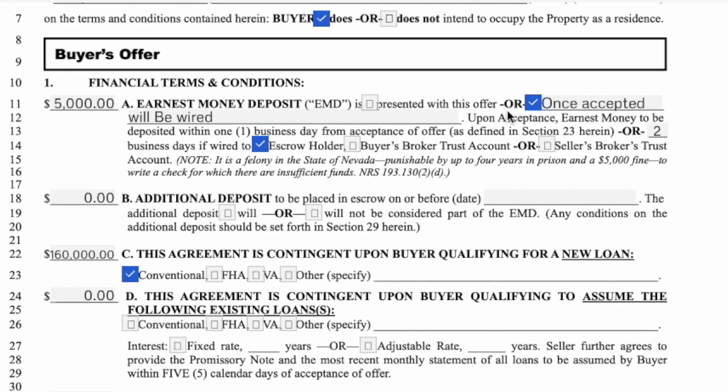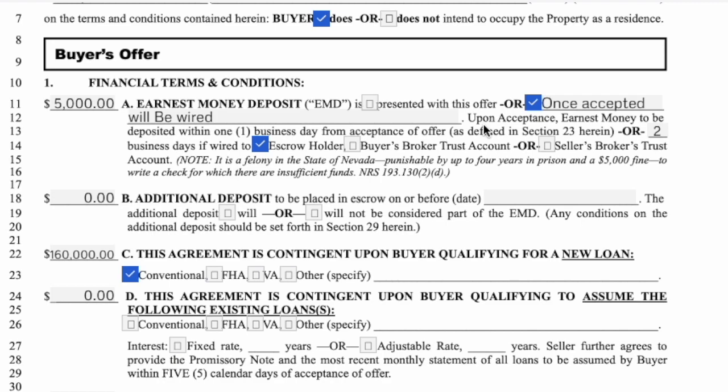Here it says that you have two options. It can be presented with the offer or whatever the acceptable terms are. So here I like to put, once it's accepted, it will be wired. And where is it going to be wired, how long, and what's going to happen. Once this is accepted, we usually have one day, or of course, if you need more time, you can say, hey, I need 5 days to wire this money. I'm out of town, or whatever the situation will be, so you don't go into default.